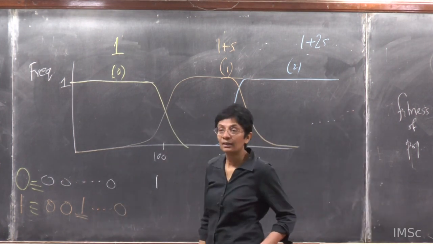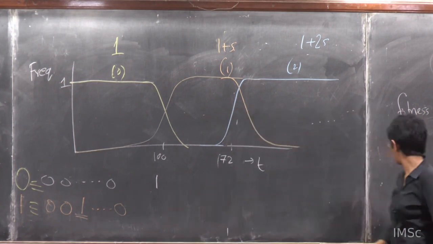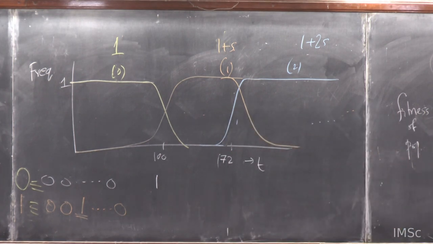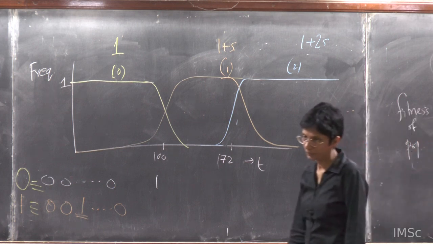What kind of step function? So initially fitness is 1. Everybody agrees, right? Because everybody has the same fitness 1. Then what happens? So at 100 time steps, what's the population's fitness? 1 plus s. Then at 172, 1 plus 2s. And so on, right? So the fitness of the population is increasing, right?